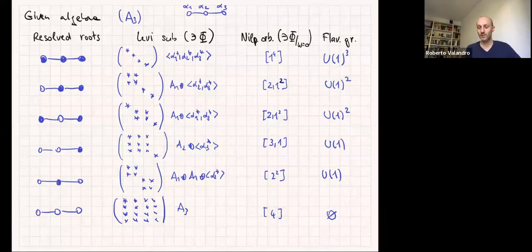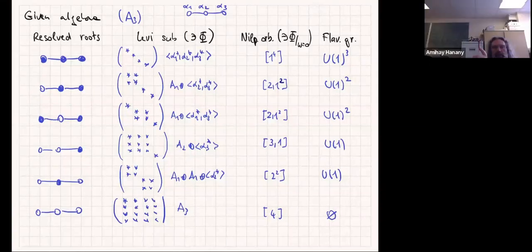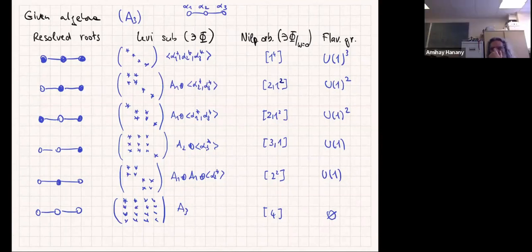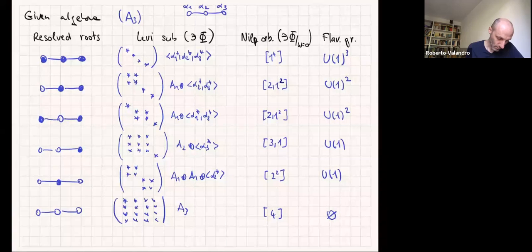It's an algebraic distinction. It's a good question, so let me check that I got it correct. I suppose there is a Weyl reflection that maps one to another, no? Mm-hmm. I'm hesitating because naively I would say that the structure of the resolved fiber is different, but I understand your point.